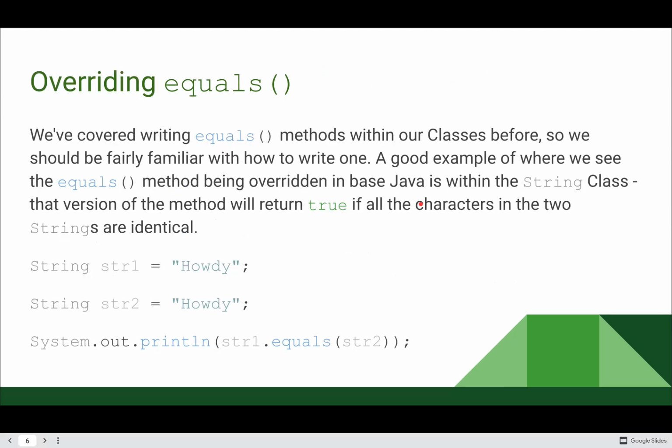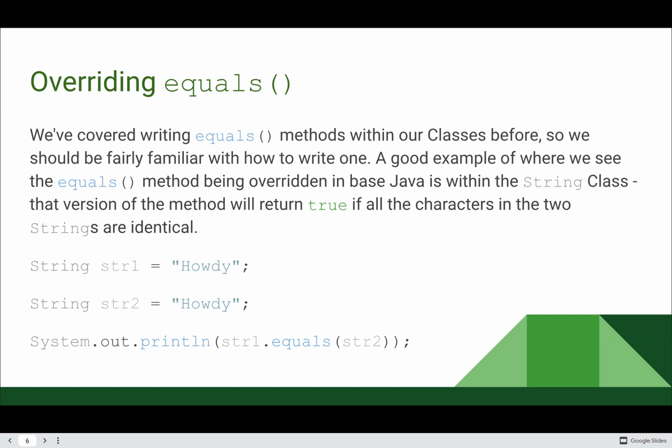Now, we've covered writing equals methods before, so we should be pretty familiar with how to actually write one. A good example of where we see the equals method being overridden in base Java is within our String class. We've been working with strings for a while, and we learned that the equals method for strings will return true if all of the characters in the two string objects are identical.